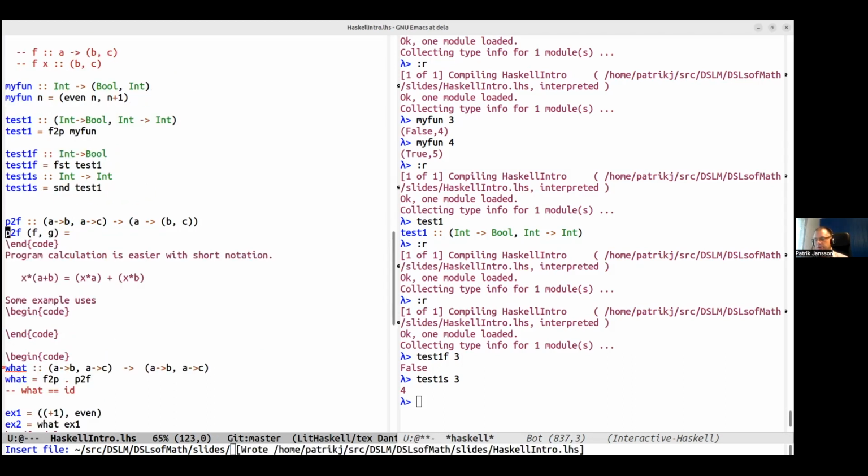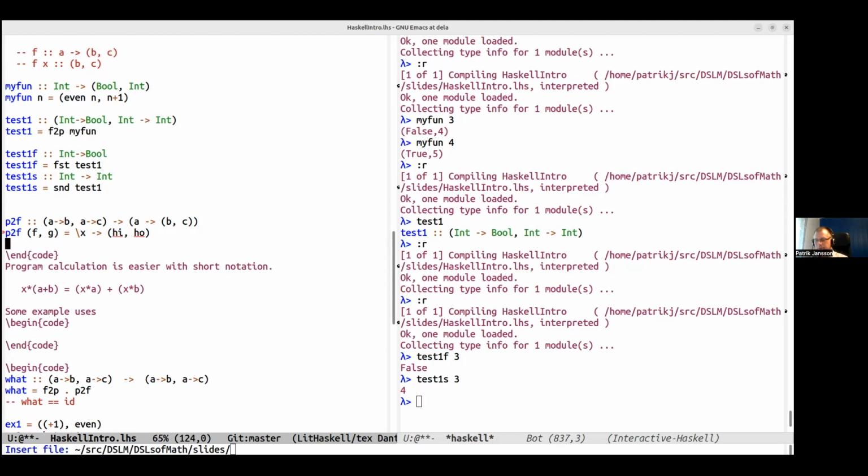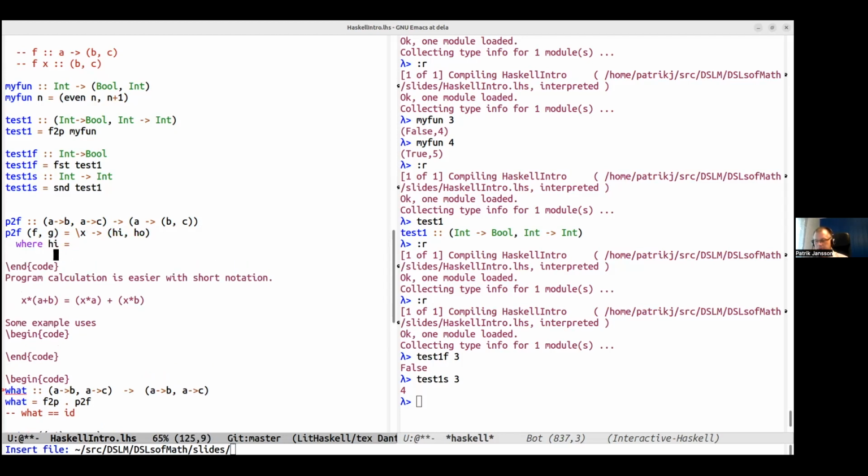So we're given two functions f and g here, and then we should return a function from x to a pair of some hi and ho, where hi equals something and ho equals something.